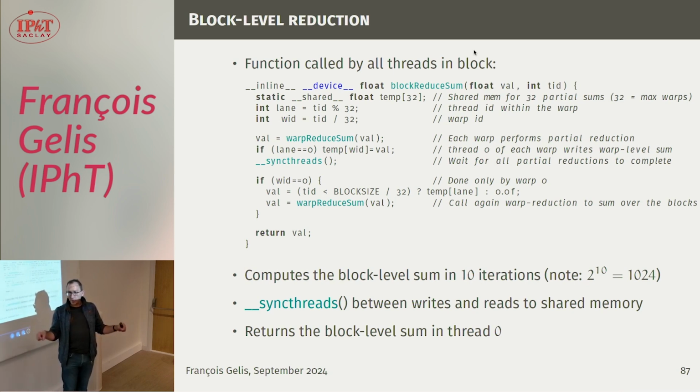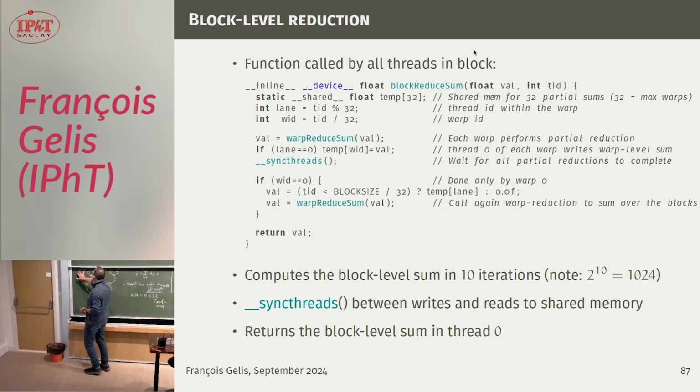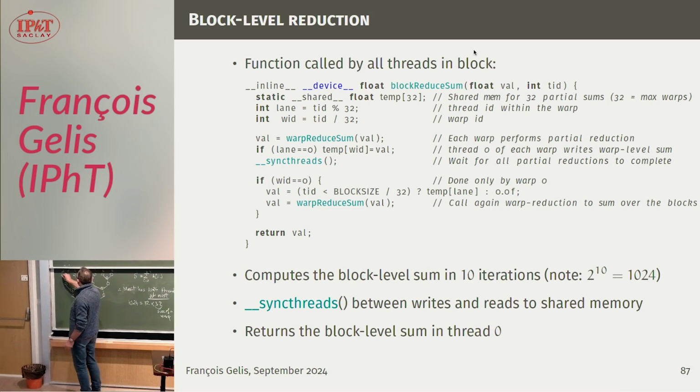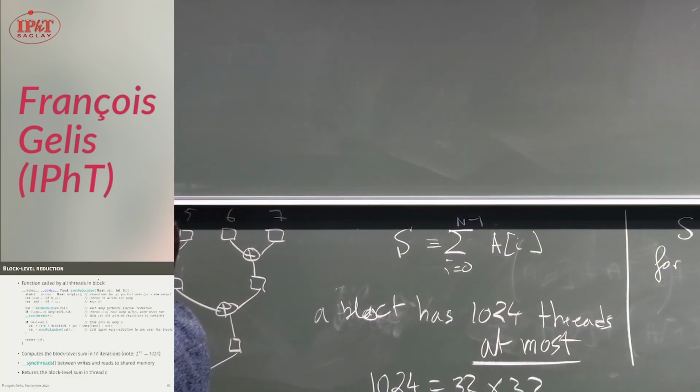So if you have an array with 1024 elements, you call this function with 1024 threads. So in this operation, you call that with 8 threads, but only these are active.